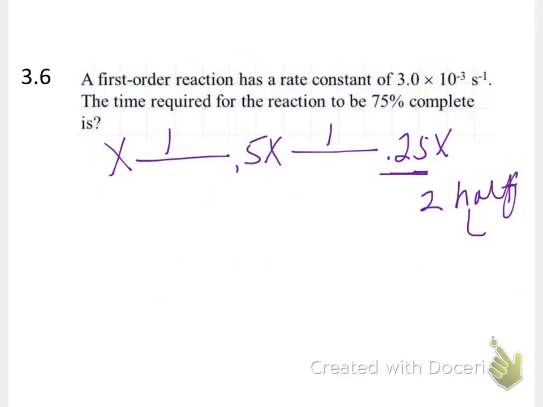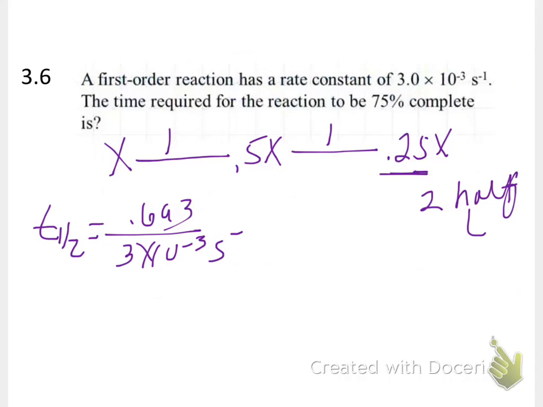Okay, let's go ahead and try to solve this. We can use that simple equation, t 1/2 equals 0.693 over 3 times 10 to the minus third seconds to the minus 1. If I divide these numbers, I get 231.